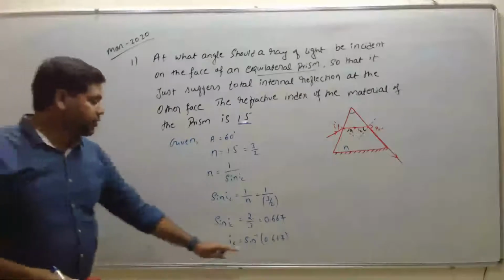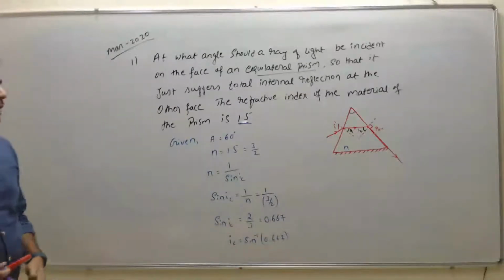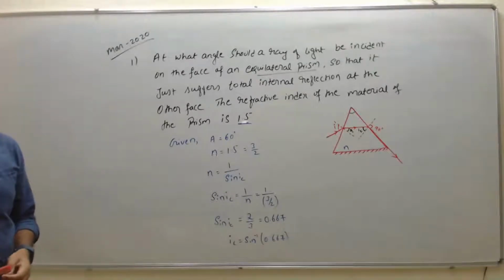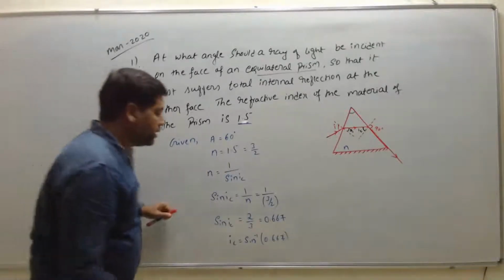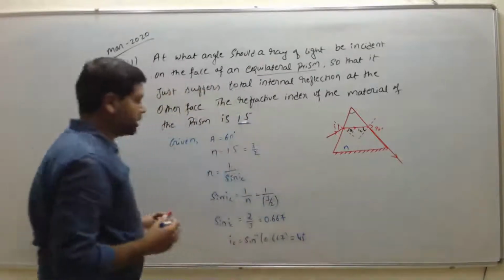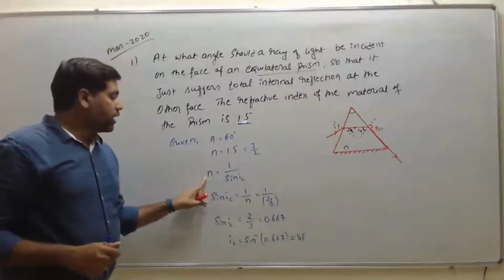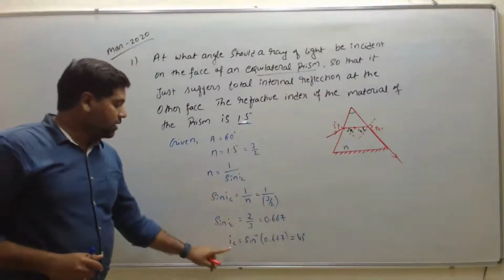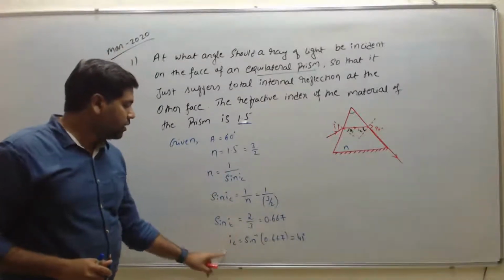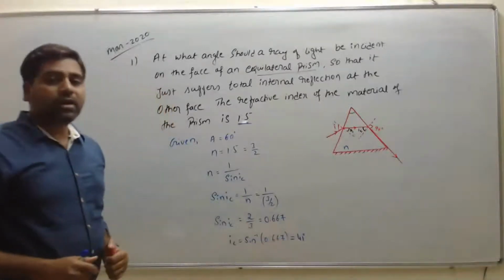From the sine table, we can find the value of sine inverse of 0.667, which is equal to 41 degrees. So from the relation between the refractive index and the critical angle, we find the critical angle is equal to 41 degrees.